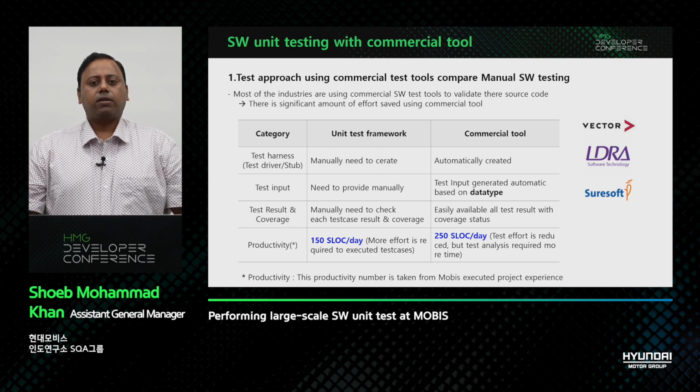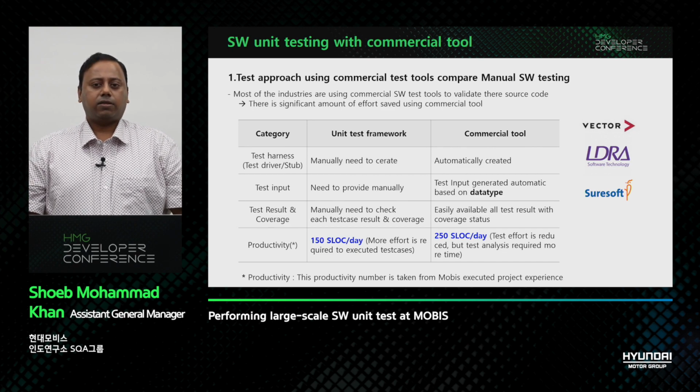Many industries now utilize commercial software tools for C language code-based unit testing, such as VectorCAST, LDRA, and SureSoft CodeScroll. Using commercial software tools offers several advantages over manual software unit testing.